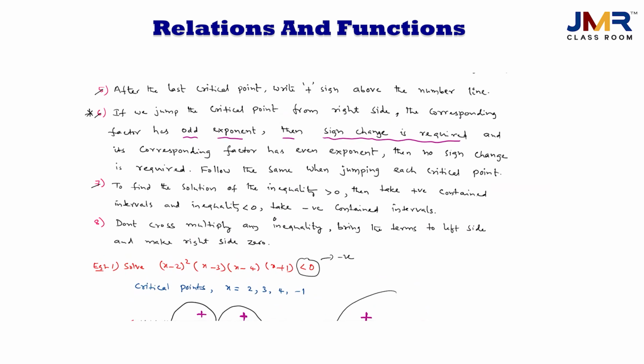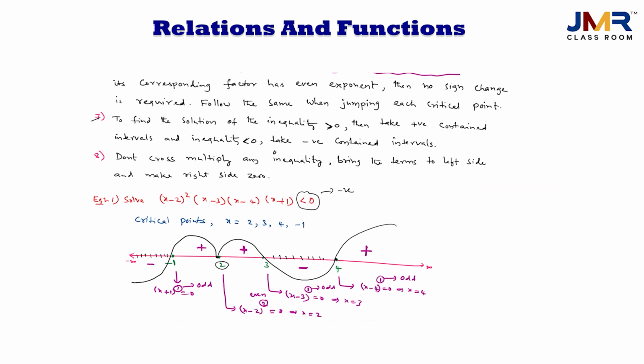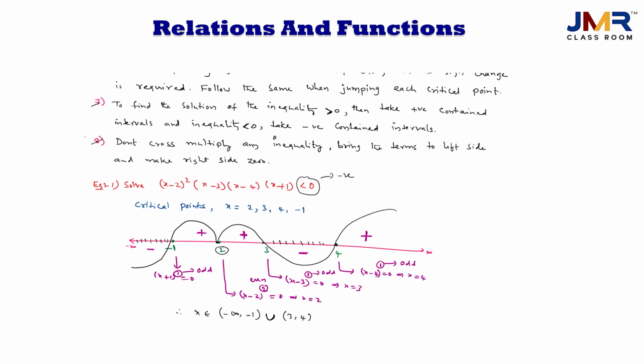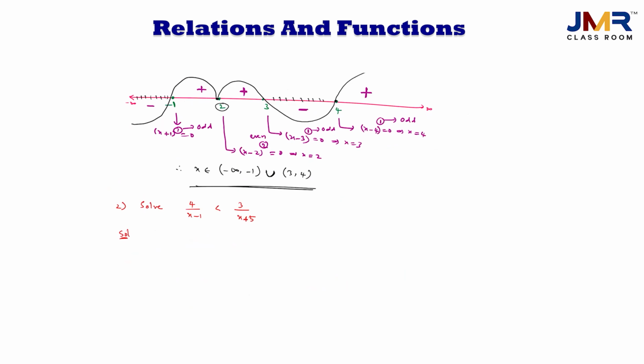To find the solution of the inequality greater than 0, as already explained, take the positive intervals, and for inequality less than 0, take the negative intervals. The 8th one is also important. Generally, students cross multiply, and then we miss some solutions. Don't cross multiply any inequality. Bring the terms to the left side and make the right side always 0, as usual.